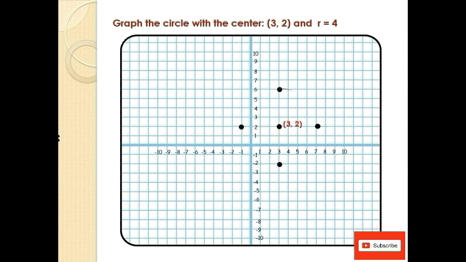Connect all the points. There you have it. Your circle with center at point 3 and 2 and with radius of 4 units.